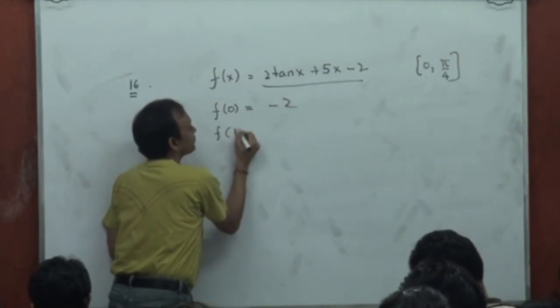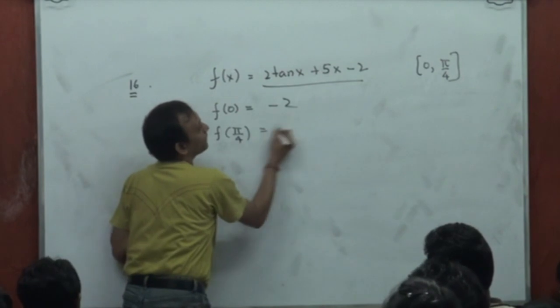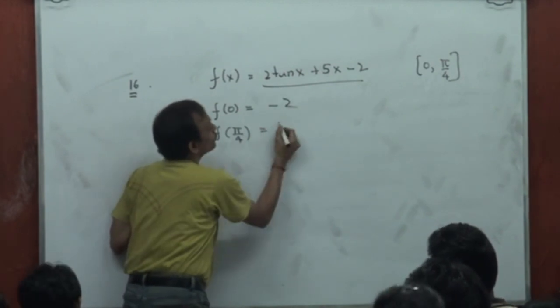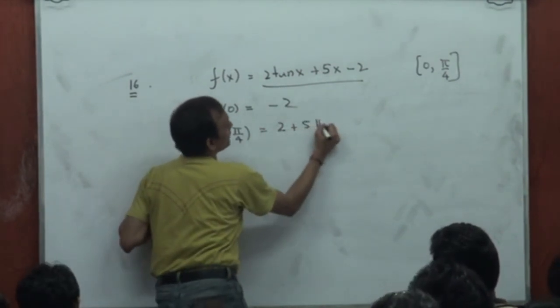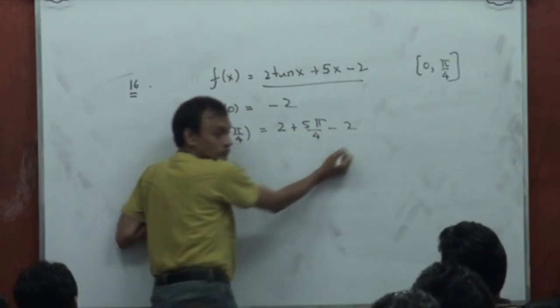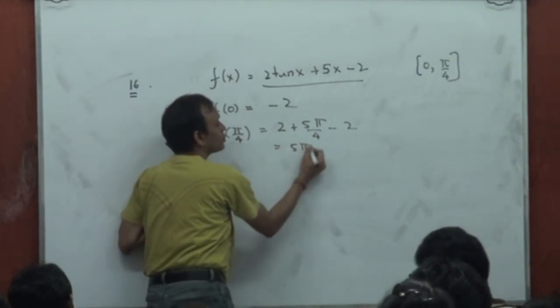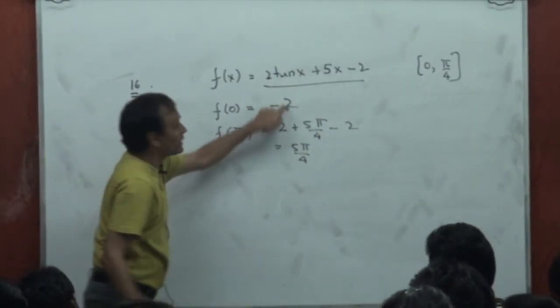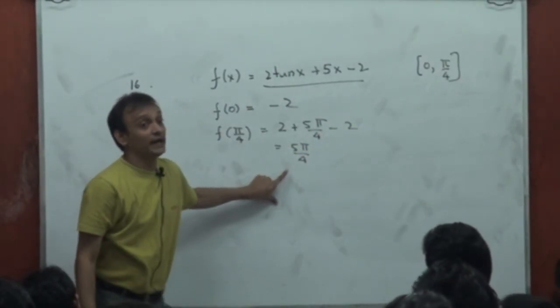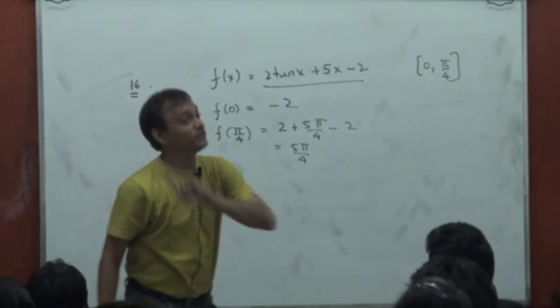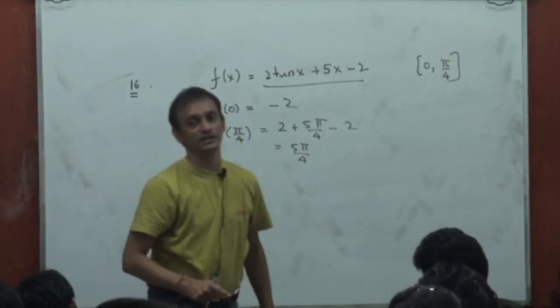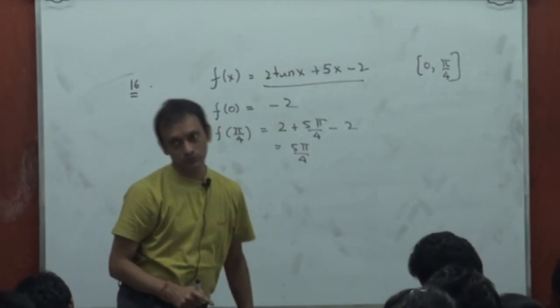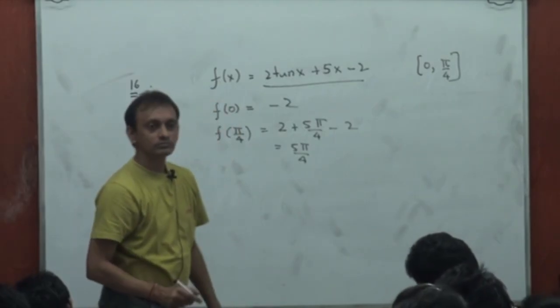Look at f pi by 4. 2 plus 5 pi by 4 minus 2, which is 5 pi by 4. So this function fx, which is continuous in the interval 0 to pi by 4, has changed sign in that interval, and it must therefore have a root in that interval, at least one root in that. Right? Yes or no?